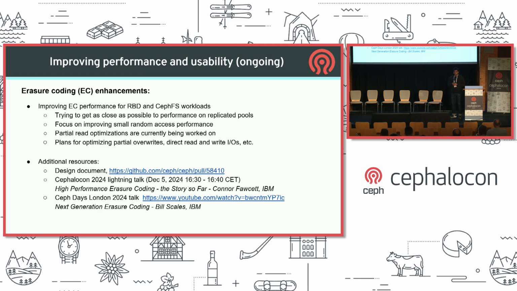So there's been a lot of research and development happening in this area by IBM's UK team. I think they already have code upstream to improve partial reads, and the work to improve partial overwrites is happening. And they also have a nice design document on their plans to improve other I/O patterns performance over EC pools.